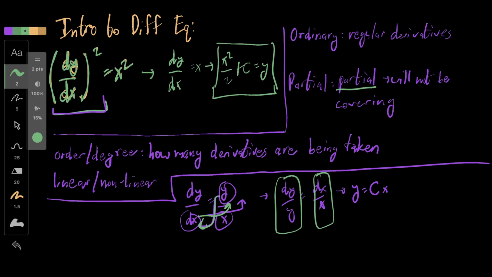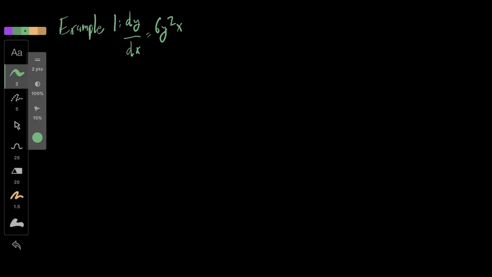So let's do one example, and I think that should be good. Here we have our example. Example 1: dy by dx is equal to 6y squared x. So, without further ado, let's start solving it. Now, what we can do is first, we can bring the y squared to that side, and we can bring the dx to the right side.